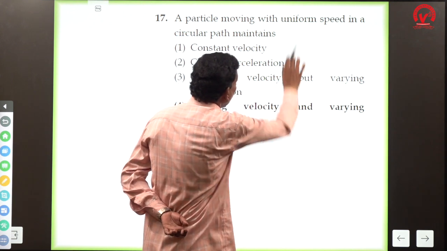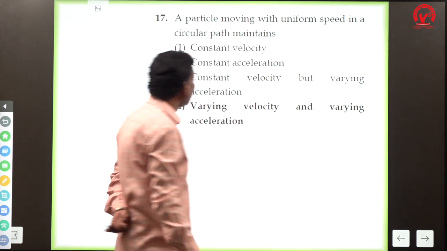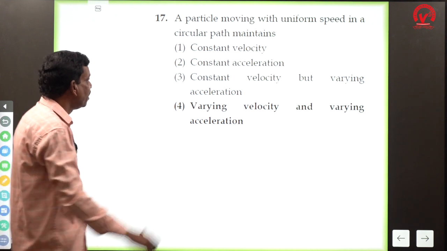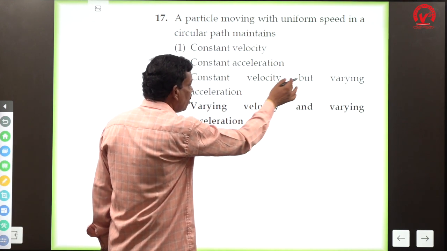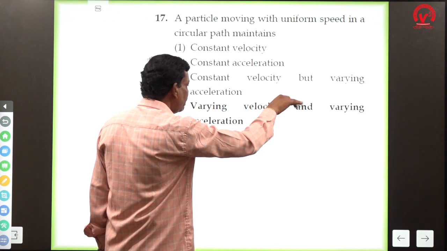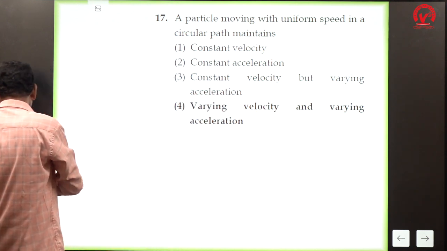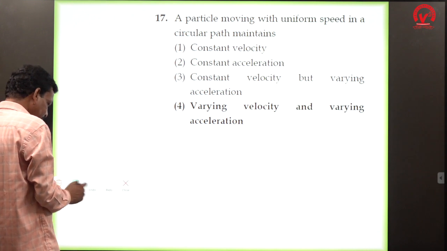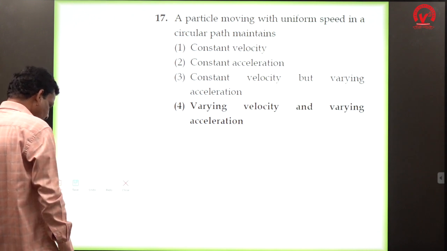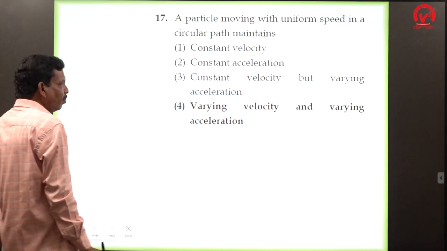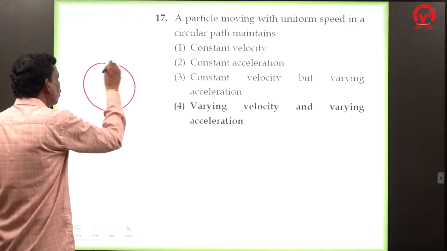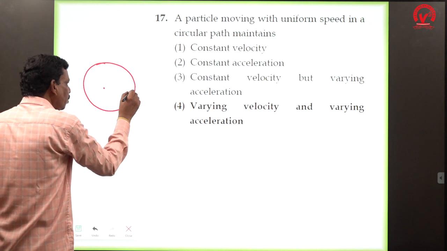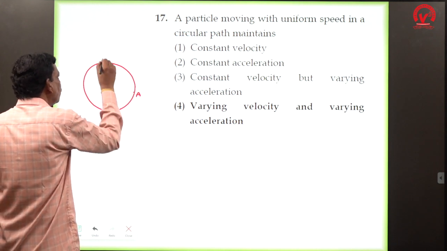A particle moving with constant speed in a circular path maintains: constant velocity, constant acceleration; constant velocity but varying acceleration; varying velocity and varying acceleration. Let us see this question. It is a conceptual question, but somewhat confusing. Here we have circular motion. We consider any point.